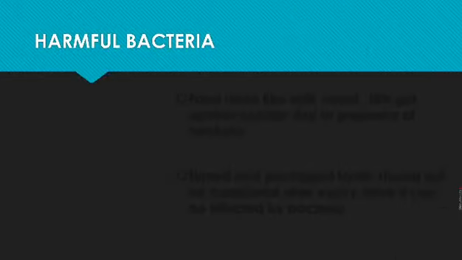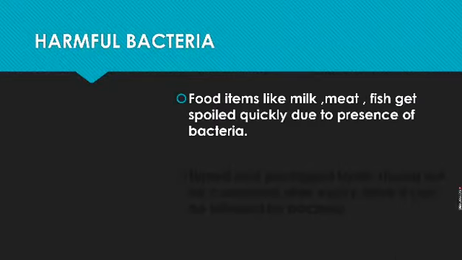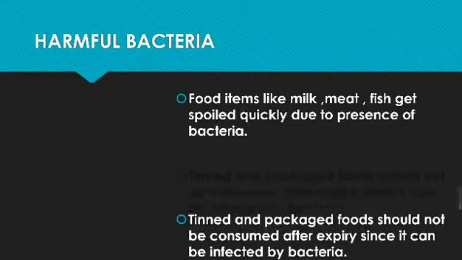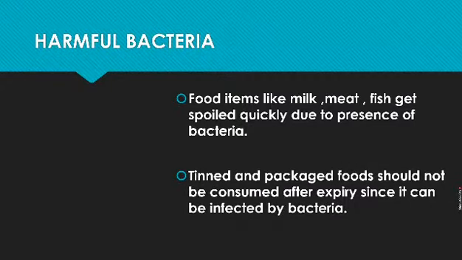Then in the next slide we will learn about the harmful bacteria. First is the spoilage of food. Food items like milk, meat and fish get spoiled quickly due to the presence of bacteria. And second, tinned and packaged foods should not be consumed after expiry since they can be infected by bacteria.